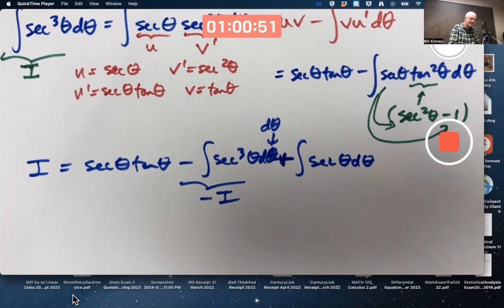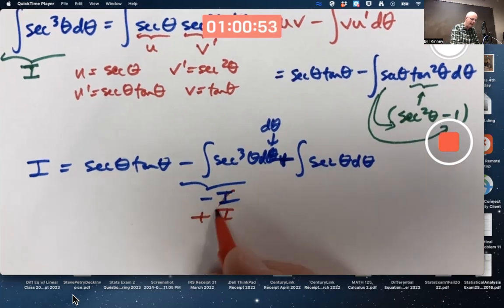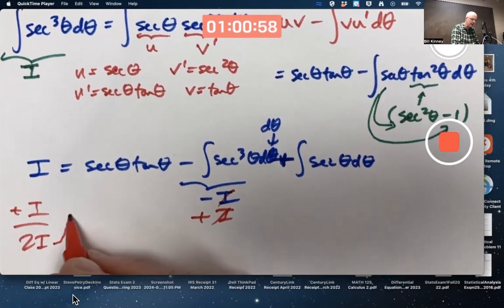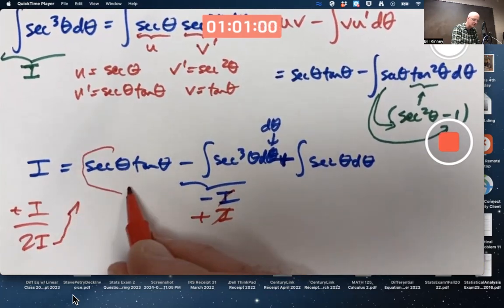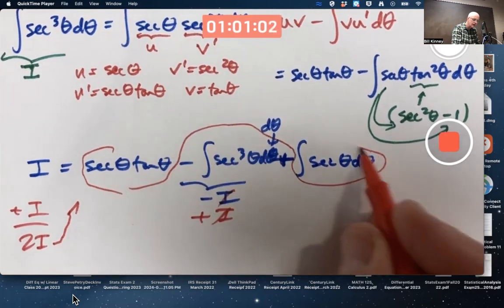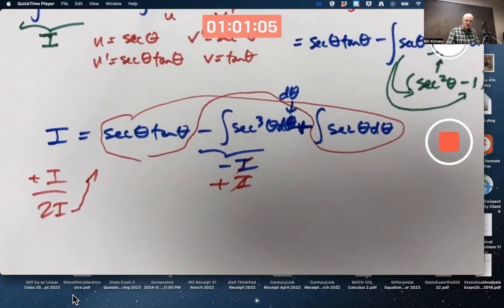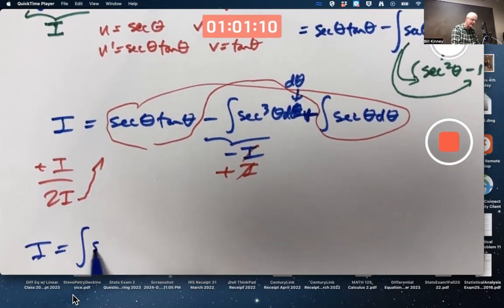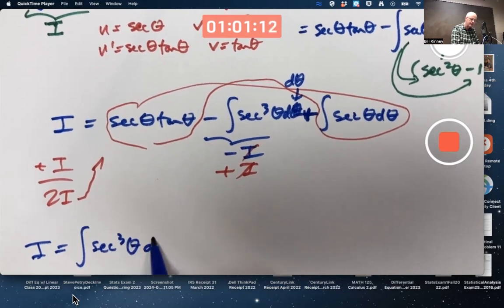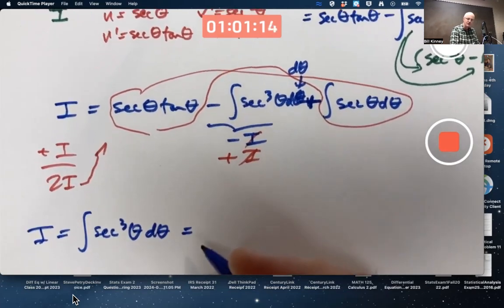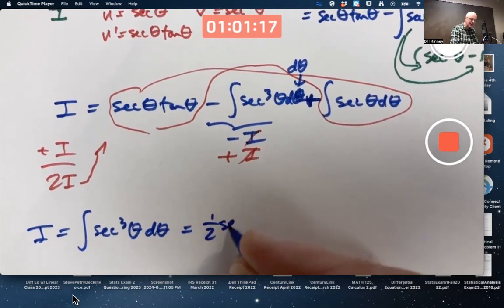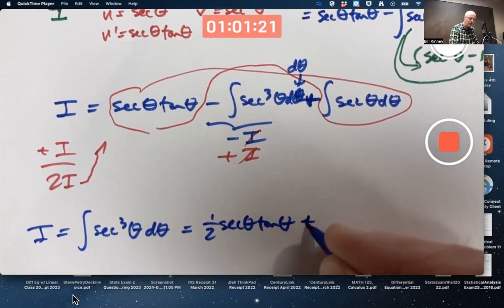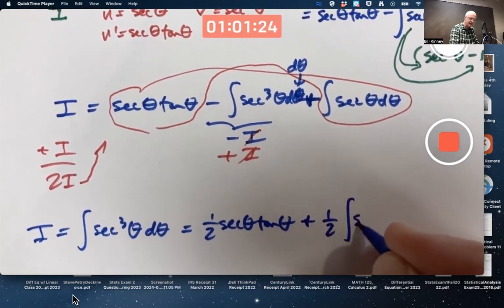Add I to both sides to cancel on the right and balance on the left, giving us 2I on the left equals all what's left there. Divide both sides by 2. I, the integral that we want, secant cubed theta, after dividing both sides by 2 is 1/2 secant theta tangent theta plus 1/2 the integral of secant theta.